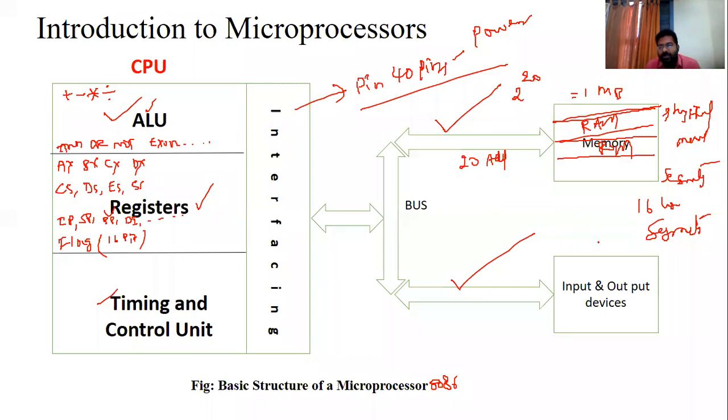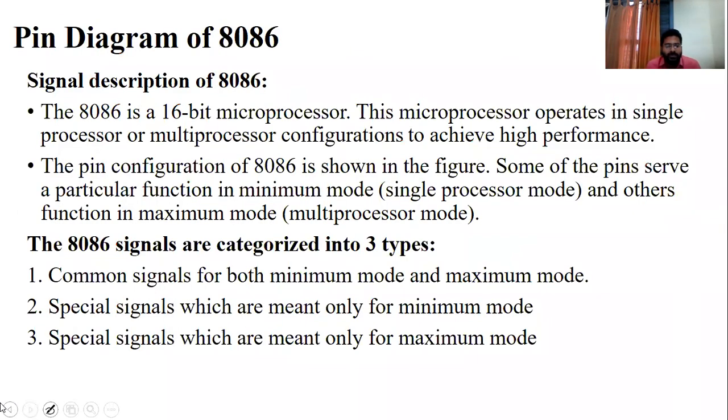At the same time, not only the memory and the input-output devices, we have some other components to connect to this 8086 microprocessor by using only these 40 pins. How is it possible? You know that our microprocessor is a 16-bit microprocessor.